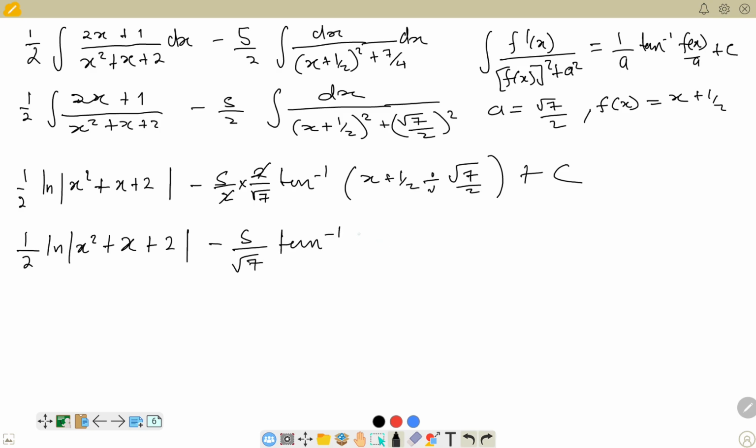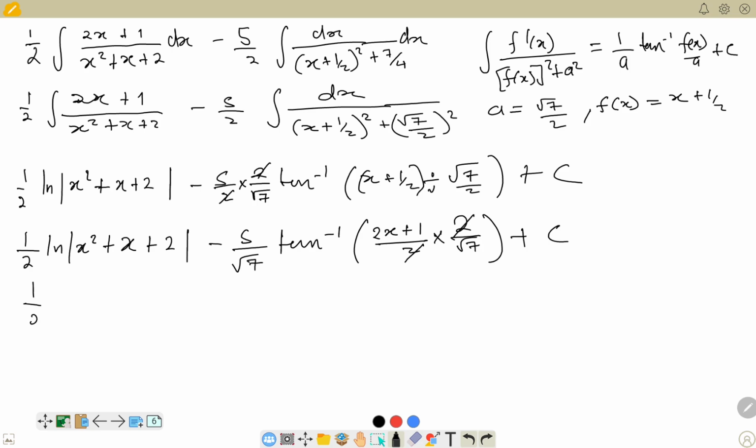Then from here, I'm just simplifying. So I can see that here, I can end up having 2x plus 1 over 2. Then I flip this by changing the sign. I'll have 2 over square root of 7, then plus c. This 2 and this 1 will cancel.